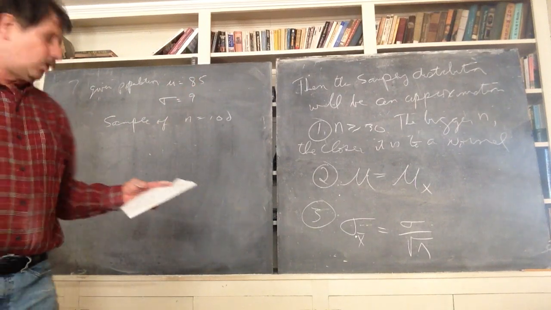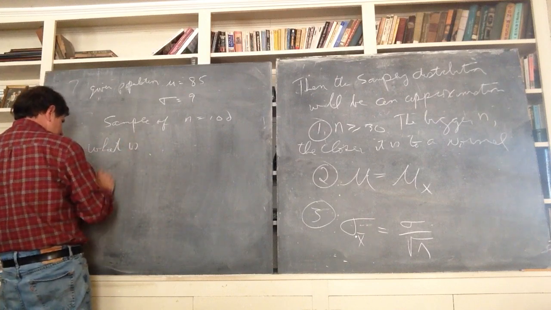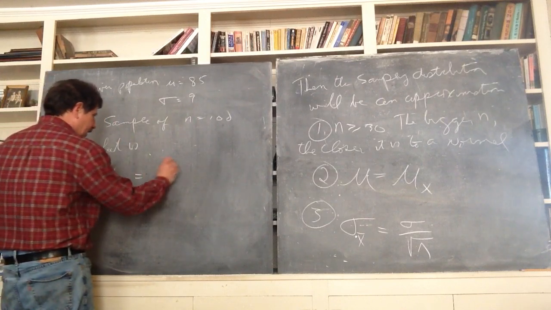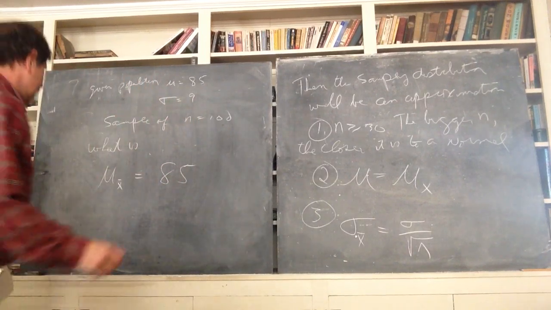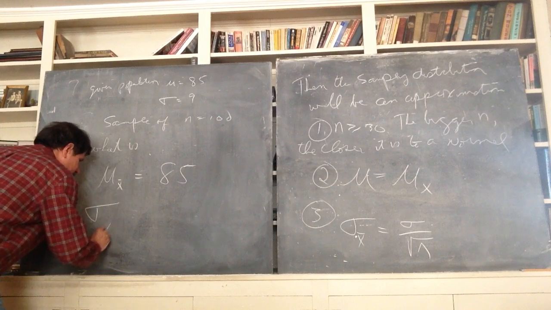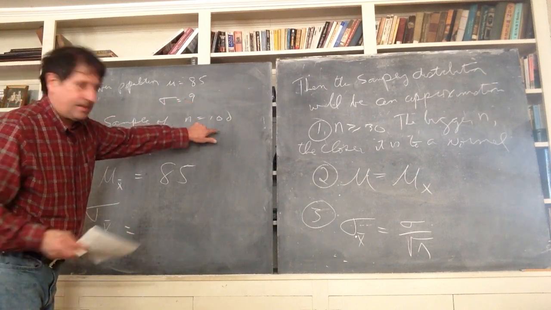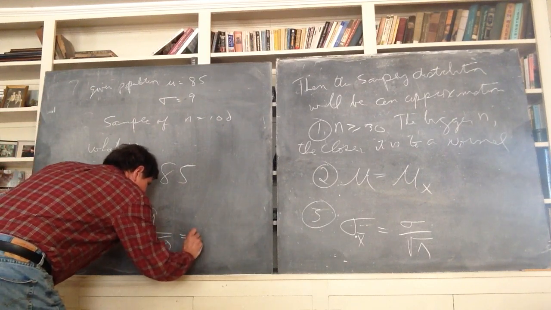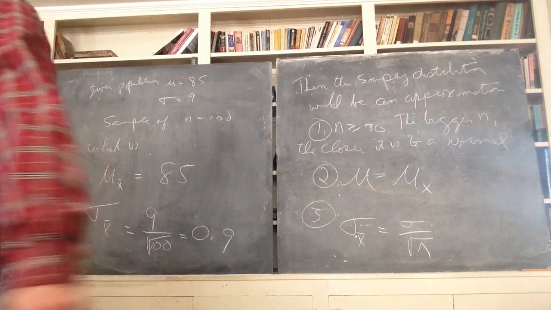All we're saying is, what is the mean of the sampling distribution? It's the same as the mean. It's 85. What is the standard deviation of the sampling distribution? It's 9 divided by the square root of 100, which is 0.9. And that's the first section.